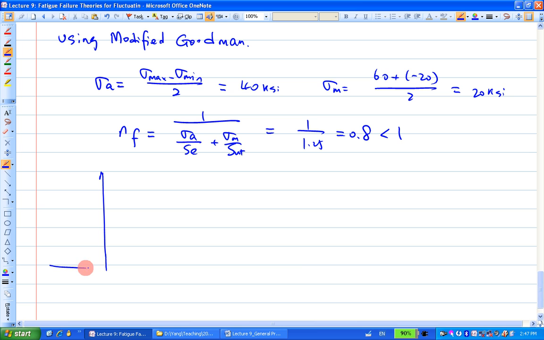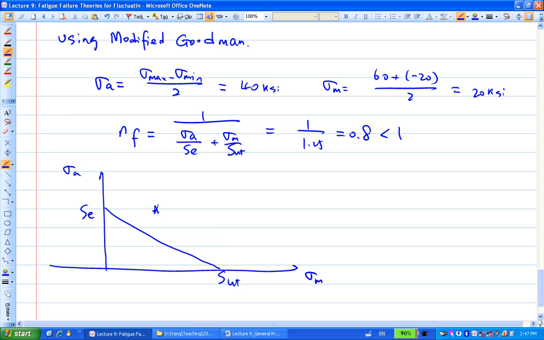If I just roughly draw this out, this is a modified Goodman line here. And sigma A, sigma M must be outside the boundary, somewhere here, maybe here. So that's basically the location of sigma A and sigma M.